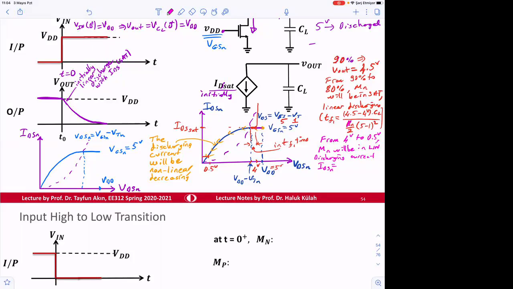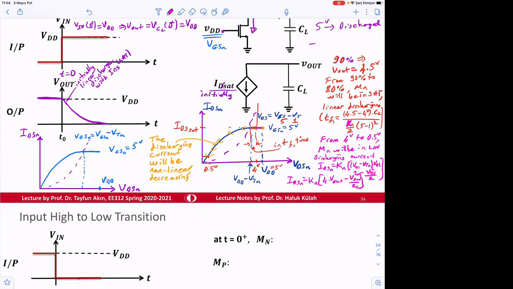Maybe I should have said kn here. Kn times (V gate to source, which is 5 volt, minus VTN, which is 1 volt) times VDS minus VDS squared divided by 2. So IDS of N will be equal to Kn times 4 times V out minus V out squared divided by 2.